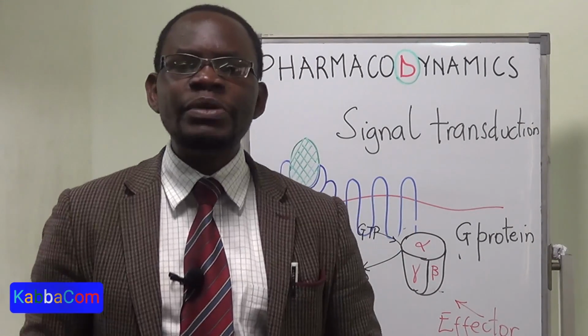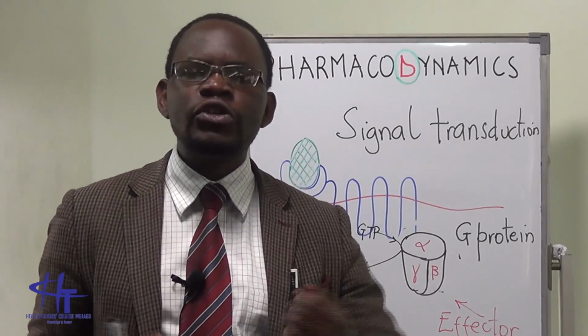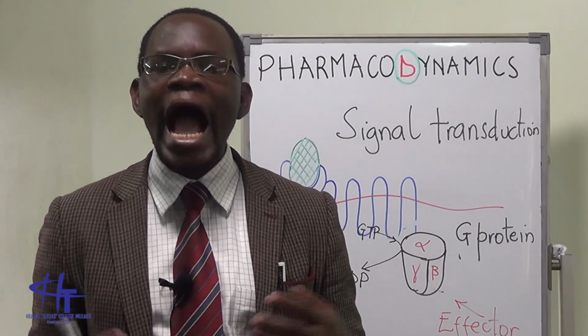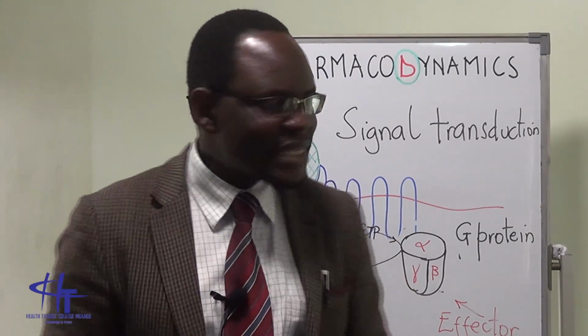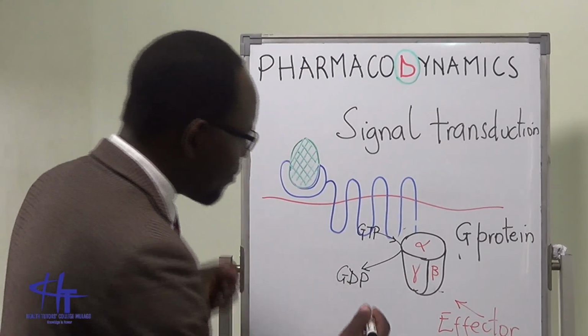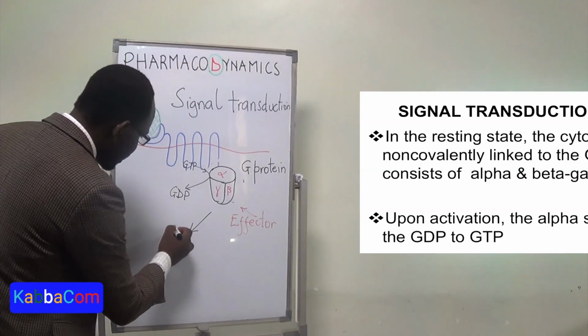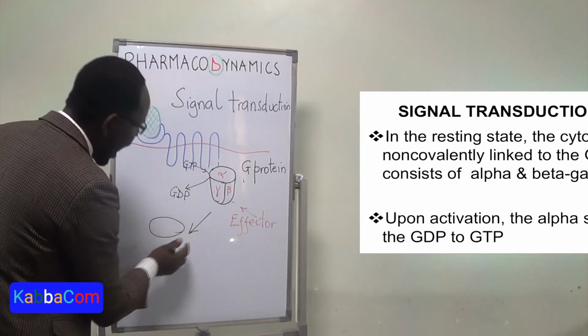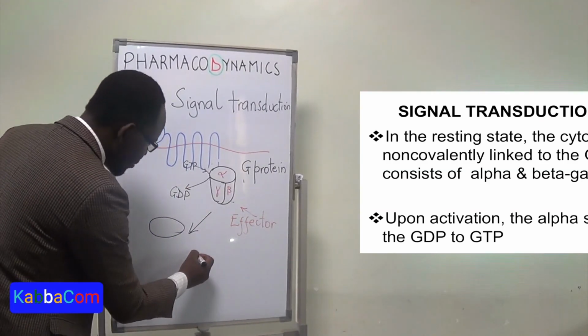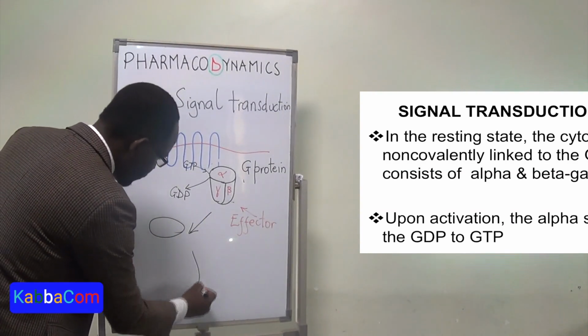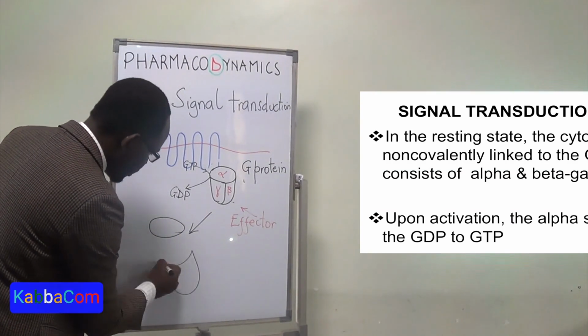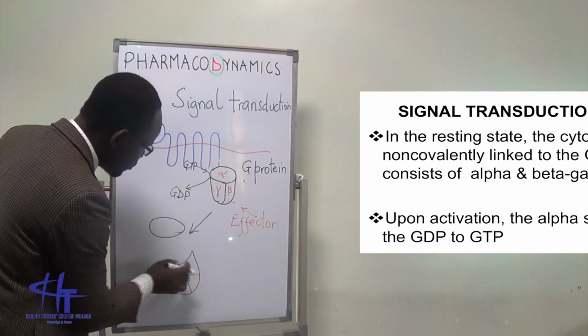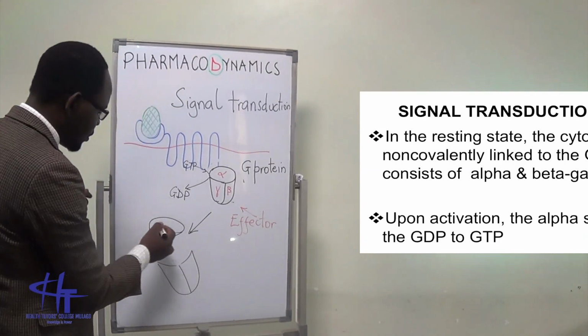Once it gets a GTP, then it is said to be phosphorylated, or activated. And once it is activated, it separates from the two proteins.